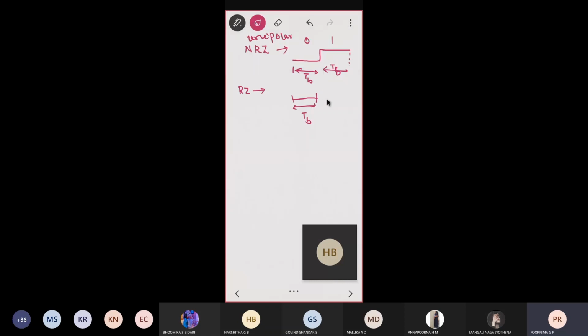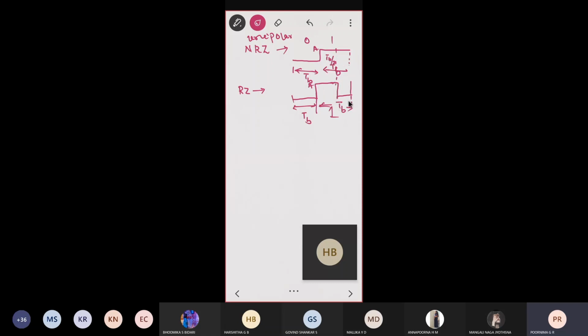But when symbol 1 is considered, the symbol 1 will have an amplitude of A for half of the duration, TB by 2 or more than TB by 2, and the amplitude will be high for symbol 1.